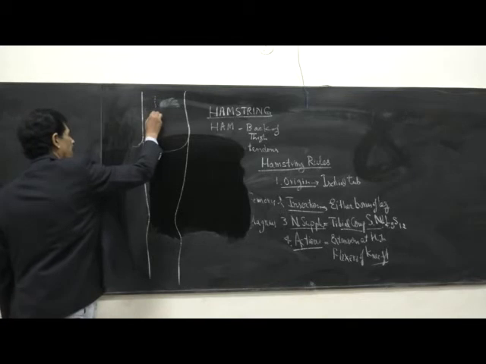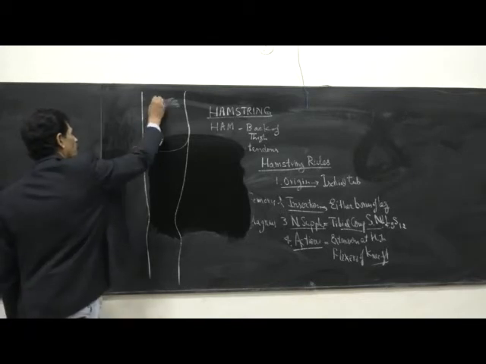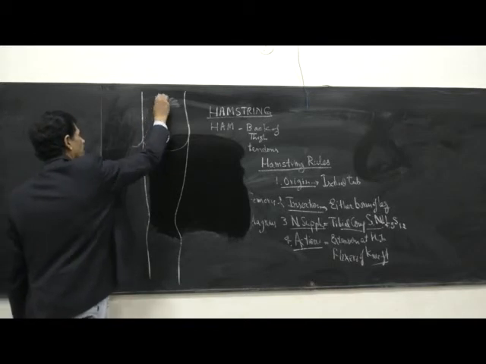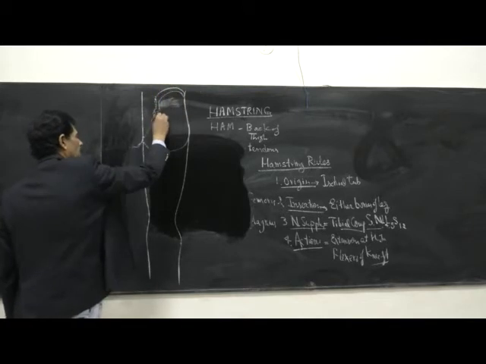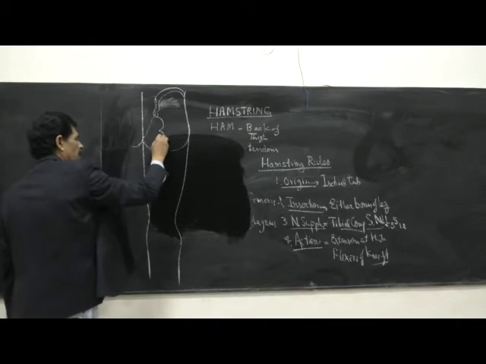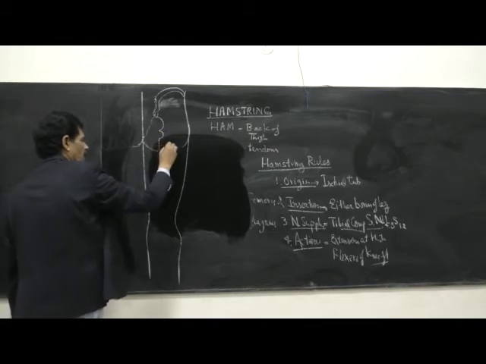That is the sacroiliac joint, this is the sacrum. Posterior superior spine, posterior inferior spine, the iliac crest, the outer lip, inner lip. This is the greater sciatic foramen, the ischial spine, this is the lesser sciatic foramen, and this is the ischial tuberosity.